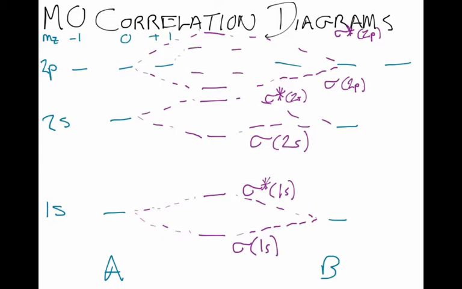And then there's the pi-type interactions. And so those we draw off to the side here because they have m sub z plus or minus 1. They have slinky going on, and they have, for single electrons, typically a little less splitting, and this is pi 2p and pi star 2p. So we draw them from the 2p orbitals, and we get that.